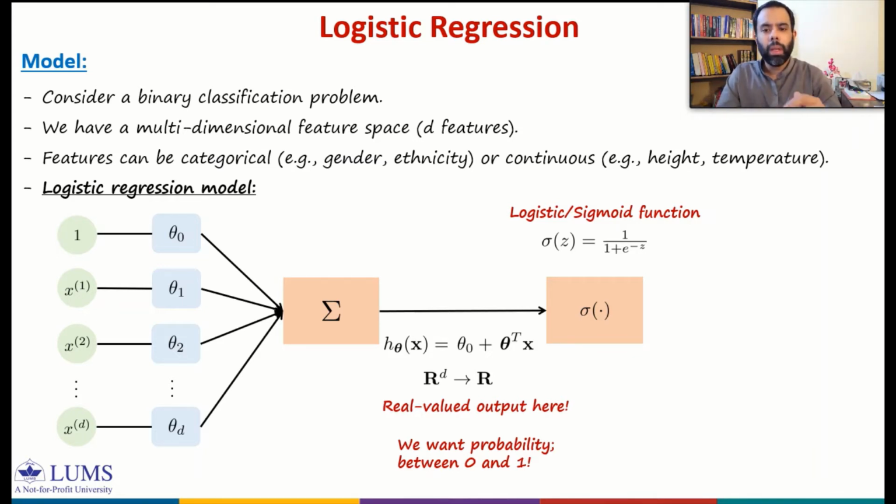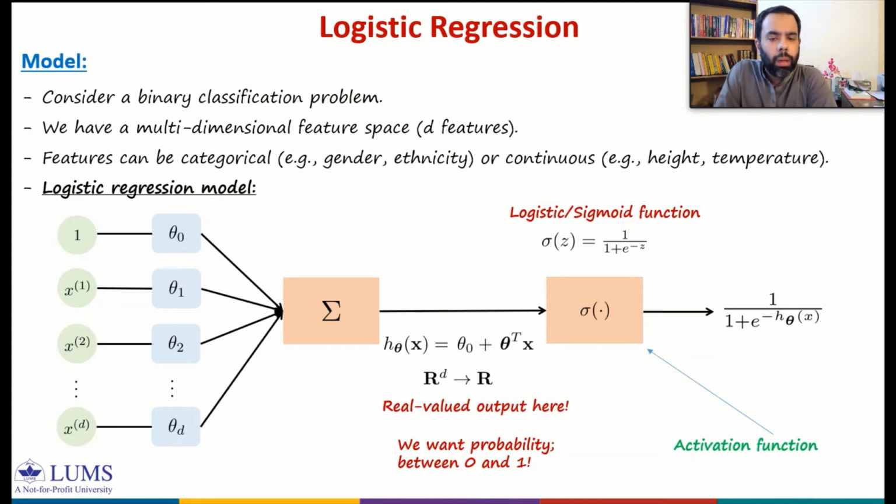In general, we refer to this function as an activation function. Logistic or sigmoid function is one type of activation function, and we will see when we study neural networks that we can have different choices of activation functions. If we stick with the sigmoid function for now, we get this classifier.